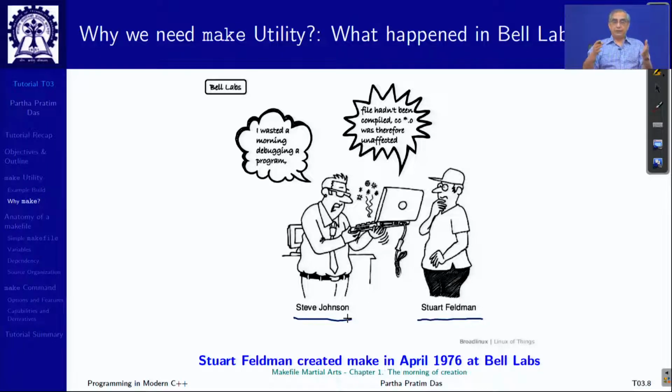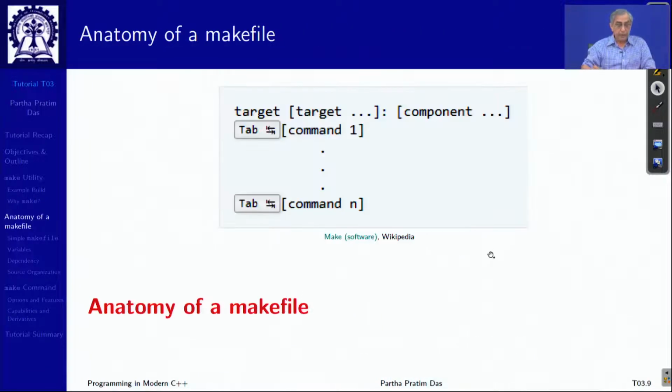With that compile, my actual cc start.o, cc is another form of compiler, GCC kind of compiler, the object files were not properly updated, and therefore, I wasted all that time. So, this is the kind of problem. Stuart felt that why do we have to do this manually, why can't we automate this process, and that gave birth to the make utility.